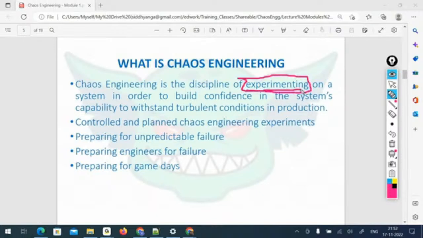Now, why are we saying production? Whenever you are doing chaos engineering, the main thing you always keep in mind is how the application will behave in production. In any testing, most of the things will be mocked, but all the real things really happen in production.